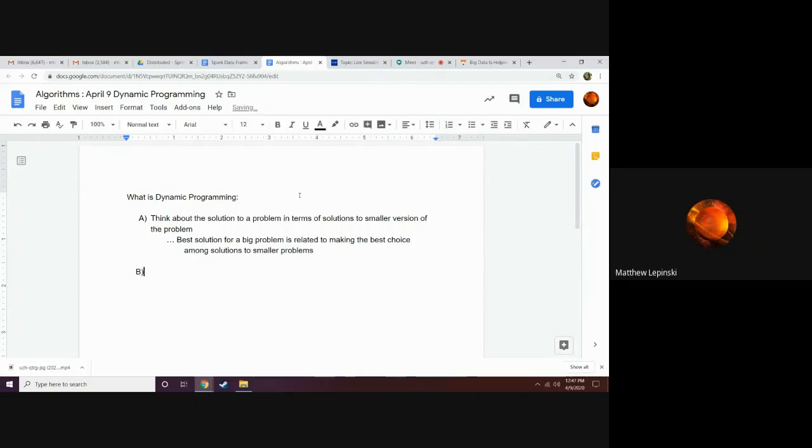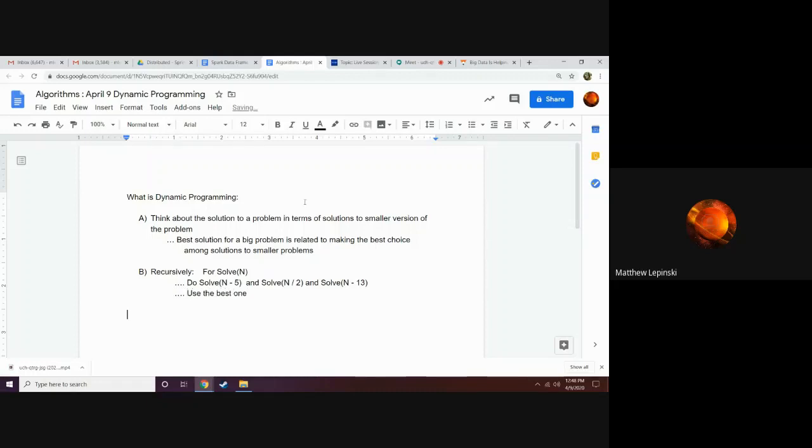So this is like recursively: for solve of n, do solve of, I'm making this up, n-5, and solve n over 2, and solve maybe n-13, and then use the best one.